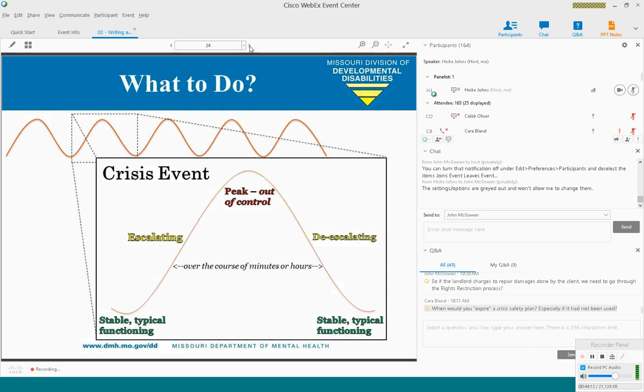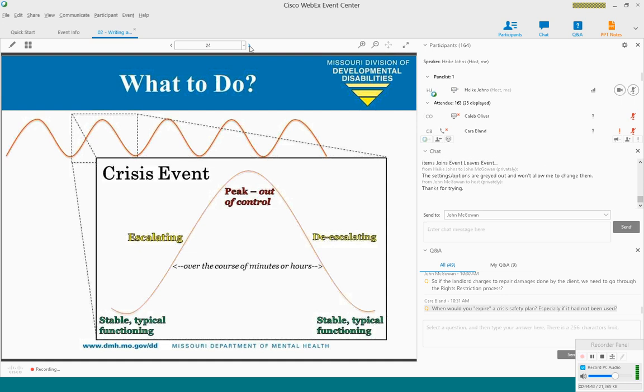When you look towards the middle of the graphic, escalating means things are getting stressful or worse for the person. They're on a path to become out of control. This is where we want to turn things around. So similarly, when things are de-escalating, they may be moving in the right direction, which is back towards the typical stable functioning, but things are still really tense and could escalate again really quickly without a lot of frequent positive support from staff.